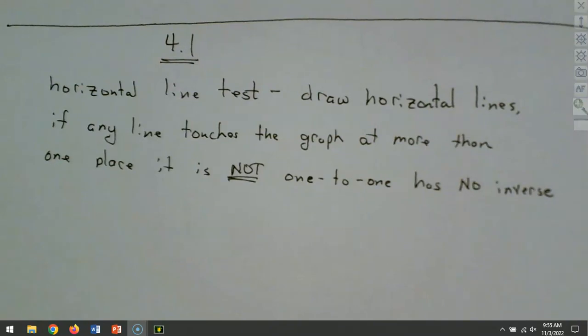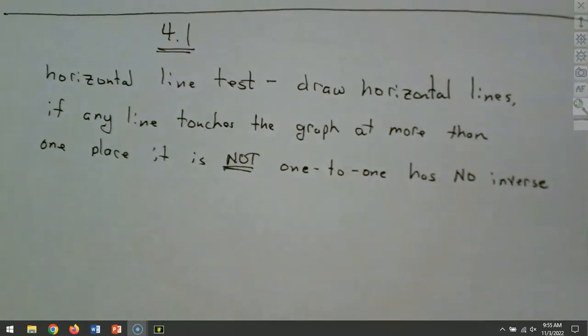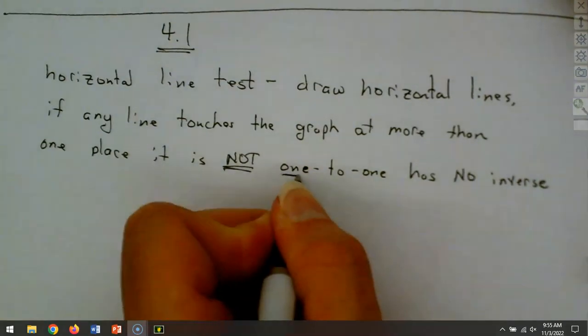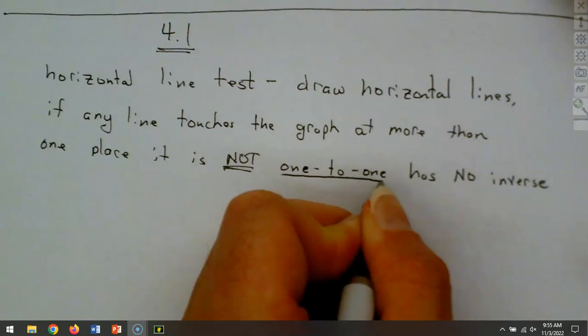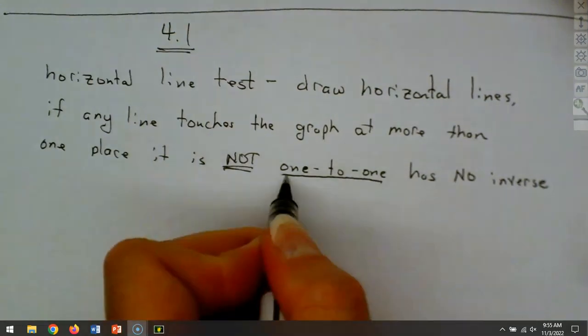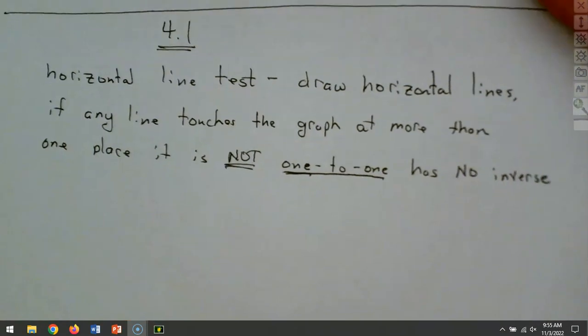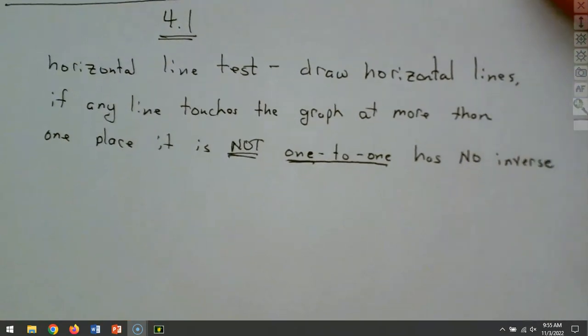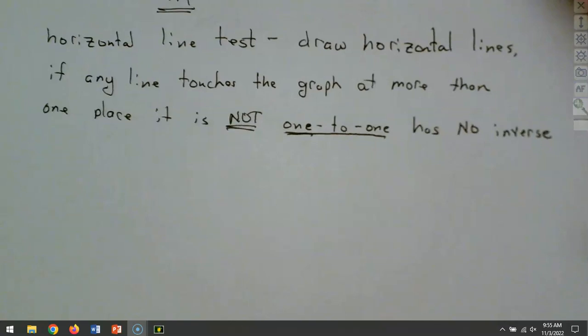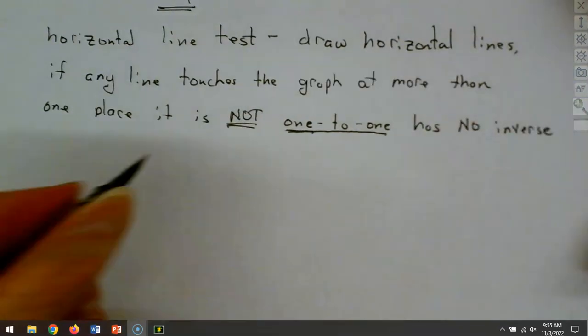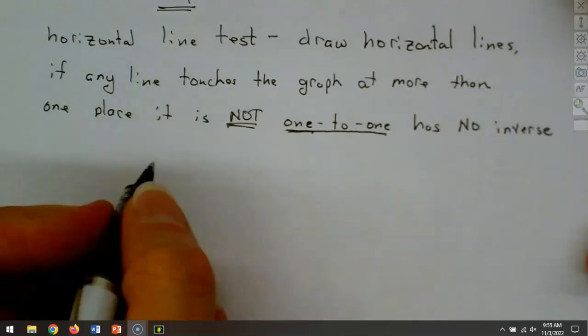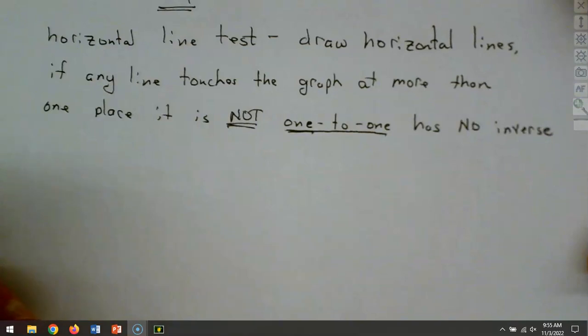And so some functions have inverses, some functions do not. When it says one-to-one, these words are used interchangeably. One-to-one means it has an inverse. So if it's not one-to-one, it also has no inverse. Now, these graphs, we're going to see if they're one-to-one and have an inverse.